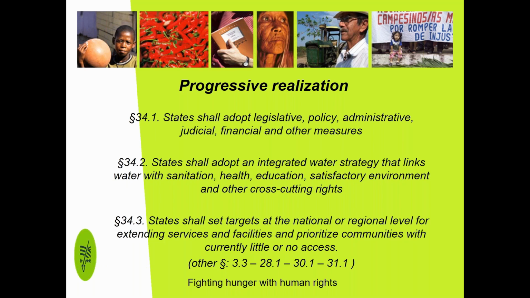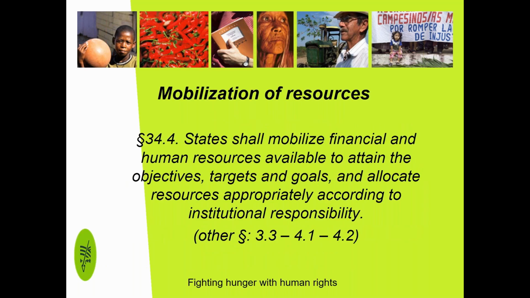So of course, in this targeting, how the state will progressively realize the right to water, there should be targets, how and in which kind of framing water will be realized. And then you have to realize the water, it doesn't come out of the blue.